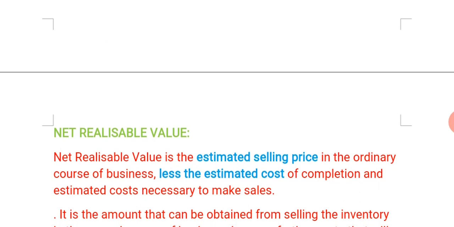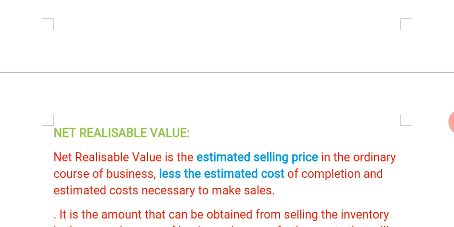So now we are moving over to the net realizable value. It says net realizable value is the estimated selling price in the ordinary course of business less estimated cost of completion and estimated cost necessary to make sales.